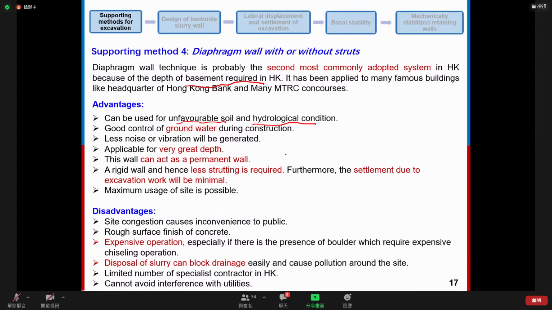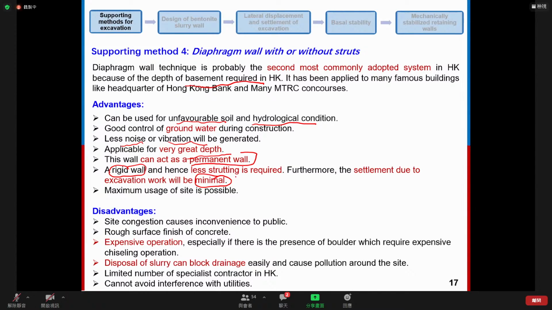And this method will generate less noise and less vibration. And this method is applicable for very great depths. Most importantly, this method can act as a permanent wall. Compared to the previous supporting methods, diaphragm wall is a kind of rigid wall. So if we have a diaphragm wall, the settlement due to the excavation is going to be minimal.